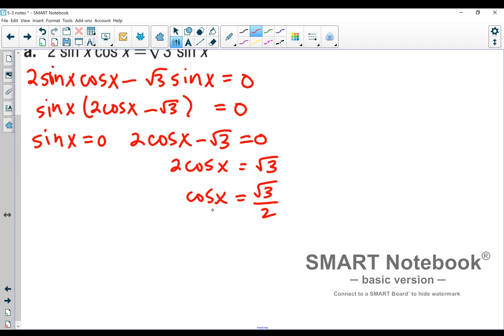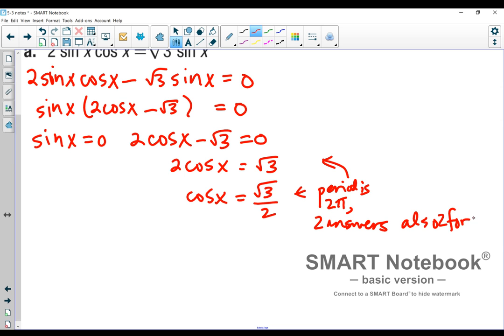Remember, cosine has a period of 2 pi, so I'm going to have 2 answers. Same thing for sine, I'm going to have 2 answers from that one also.